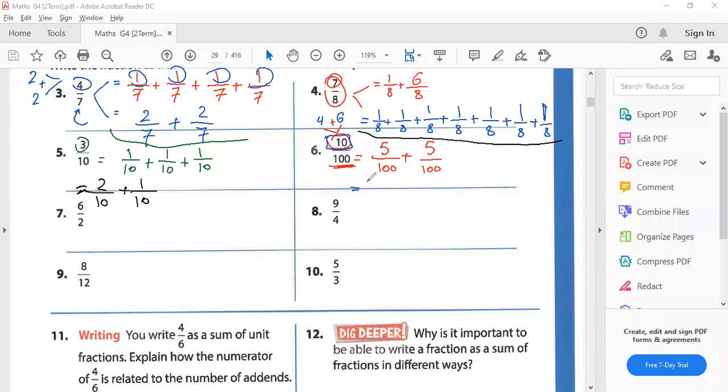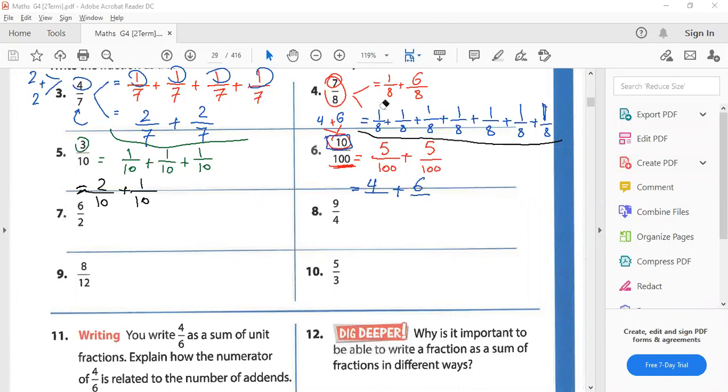So we can make this fraction as 4 plus 6. 4 over what? Over 100, my friend.